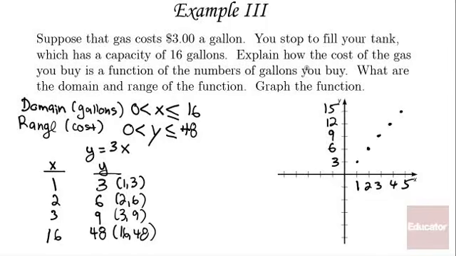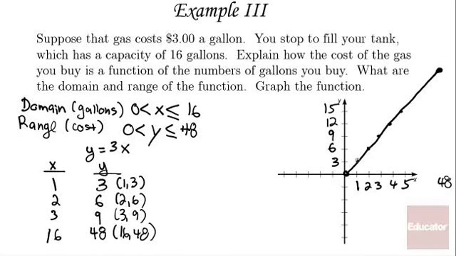So I could fill up any amount from just above 0, so that's going to be an open circle because it's just above 0, all the way up. And this is going to end with $48 way out here and 16 gallons up here.